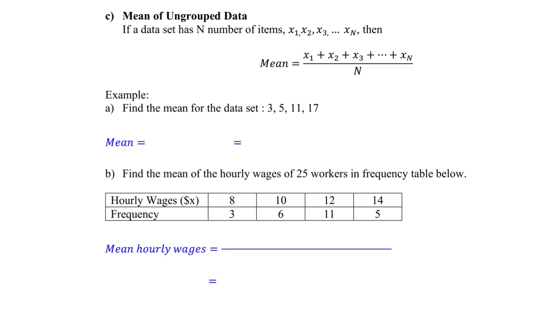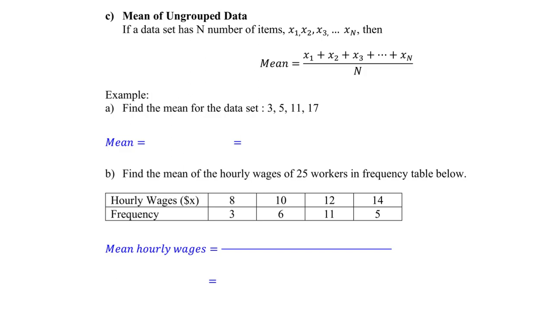Now we are looking at the mean of ungrouped data, meaning that this data set gives me the number of items specifically, and I know the total number of items. So how do I find the mean? Well, I add everything up and divide by the number of items.